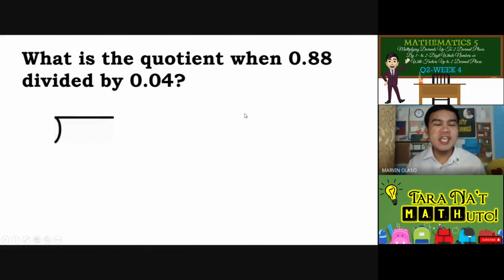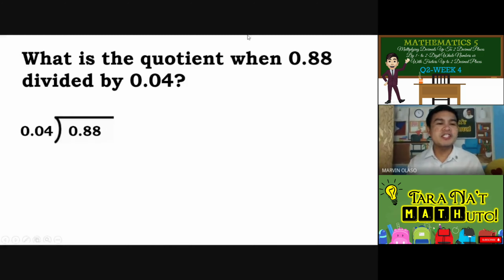As you can see, we are going to divide, which is the dividend? Be careful ha. Pag sinabi natin dividend, yung original, yung base number natin. So 88 hundredths divided by 4 hundredths. This time, we are dividing both decimal numbers.